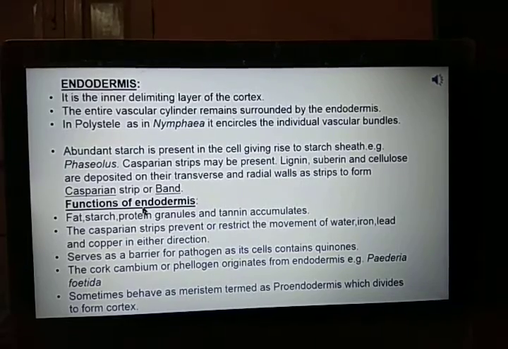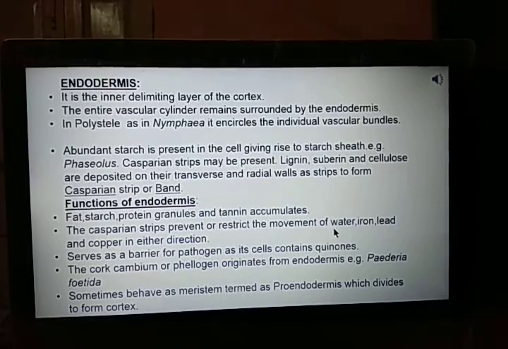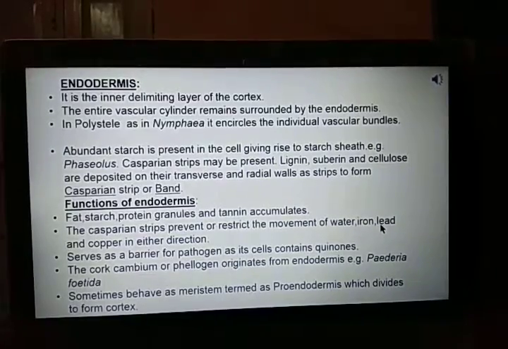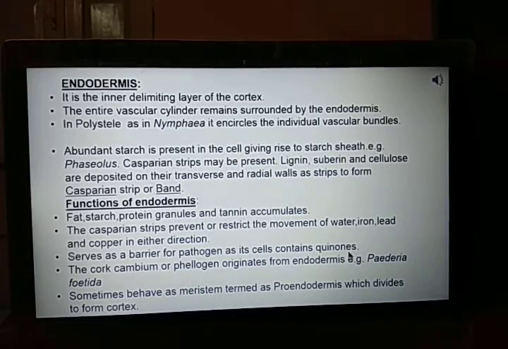Usually, fat, starch, protein granules and tannins remain accumulated in the endodermal cells. The Casparian strips prevent or restrict the movement of water, iron, lead and other minerals in either direction. It also serves as a barrier for pathogens since these cells contain quinones.